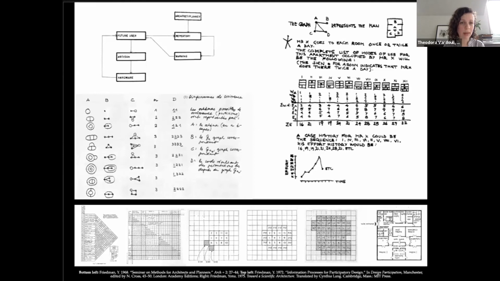So he took methods that were used to minimize cost and compute optima, and started reframing those methods as tools for design empowerment. Friedman recast the combinatorial generation of layouts as a register of open-ended possibility. So his method, he was arguing, was a really open-ended method that just gave you all your possible options, right?